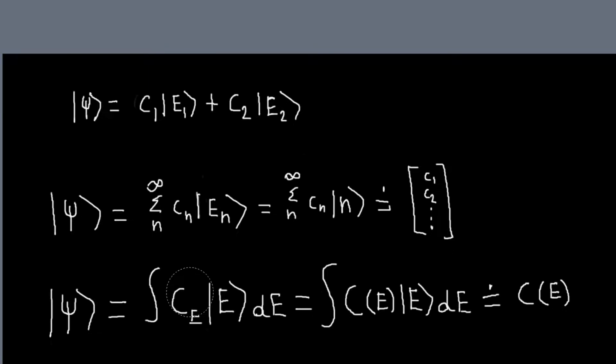When things become a continuum, rather than labeling, for each value of E, there's a CE, really this is just a function of E. And so I can represent my state vector as just this function. And that's maybe a better way of doing things than writing an infinite column vector.